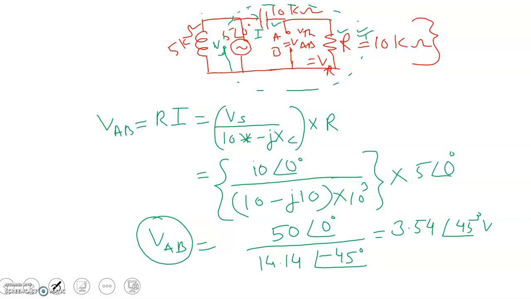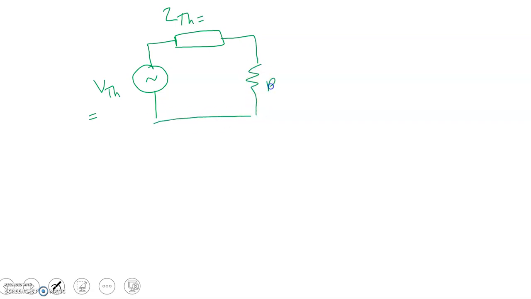So basically now the Thevenin equivalent circuit is like this. VTH, which we have calculated, ZTH, which we have calculated, and this is the resistor RL of 47 kilo ohm.